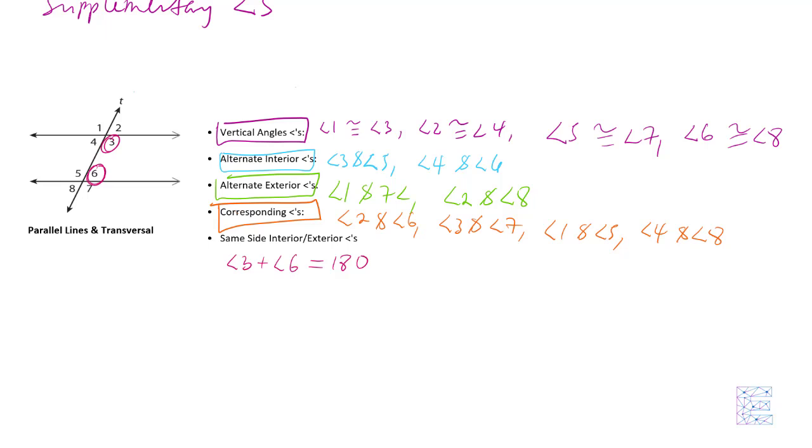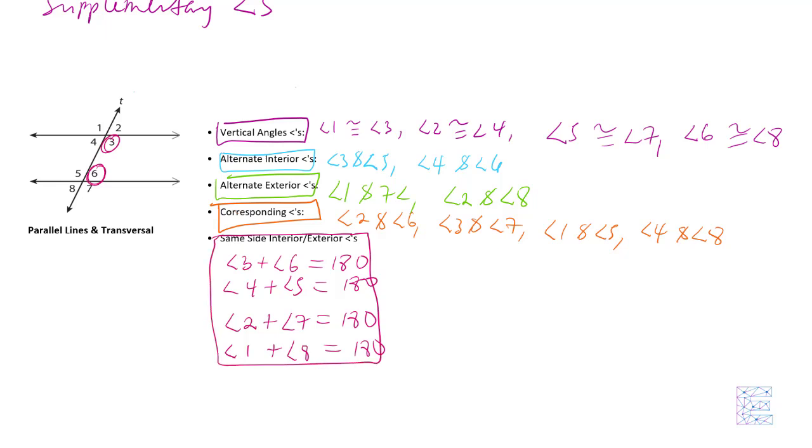So angle 2 and angle 7, if you add them together, they equal 180. And of course, still on the interior, angle 4 plus angle 5 equals 180. And last but not least, angle 1 plus angle 8 equals 180. So same side interior and exterior angles add up to 180. That means they are supplementary. Remember, angles that add up to 180 are known as supplementary angles.